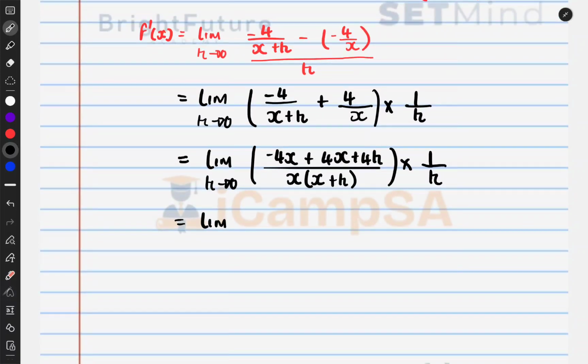So the limit as h approaches 0, minus 4x plus 4x will cancel, and we'll be left with 4h in the numerator. We're going to be left with 4h over x into x plus h, multiplied by 1 over h.